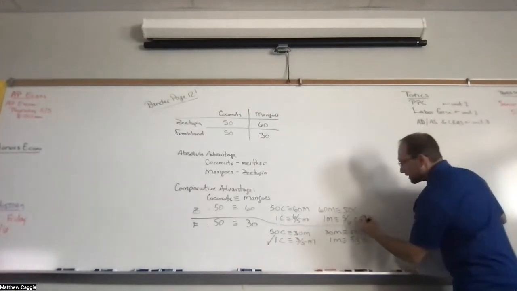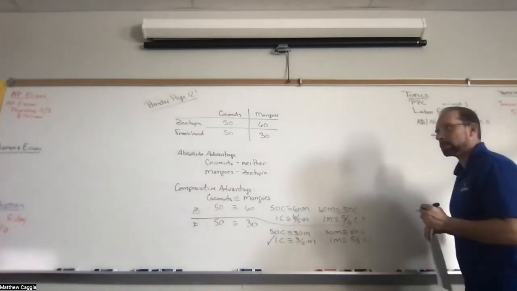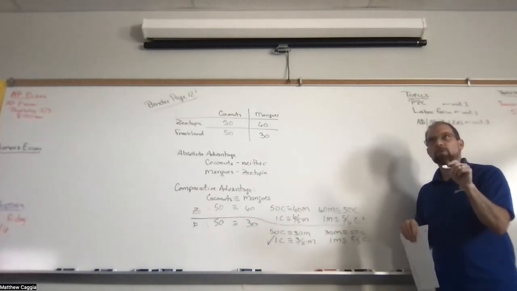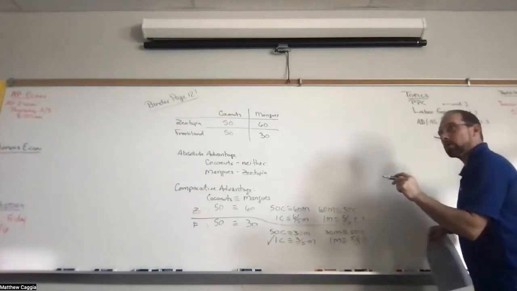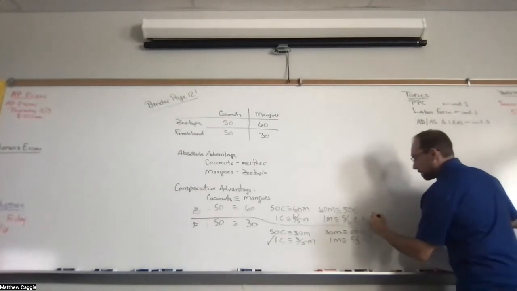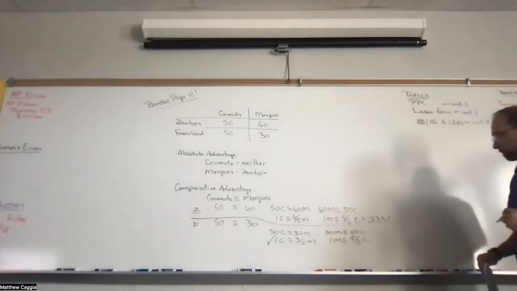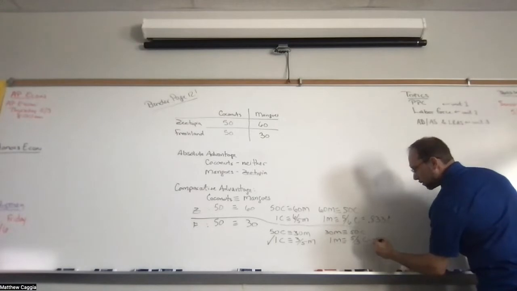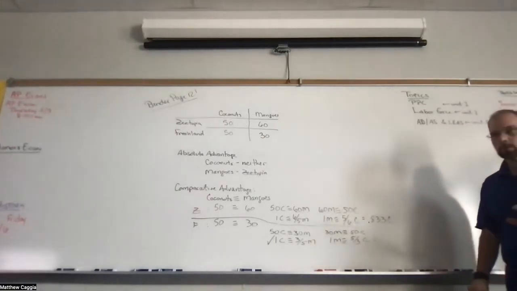So let's see, 5/6. 1/6 is half of a third. A third is 0.33, so 0.167. So we're looking at 0.833 coconuts. And over here, 5/3, that's a little easier.